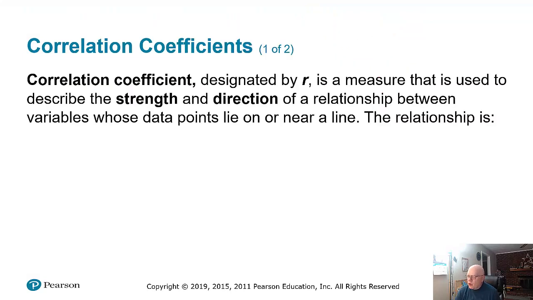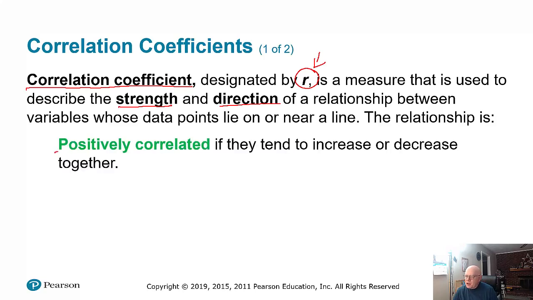Now that correlation coefficient, that's what's going to tell us how connected those are, how well they fit the model. R is our correlation coefficient. It measures the strength and direction of the relationship, all in one number.